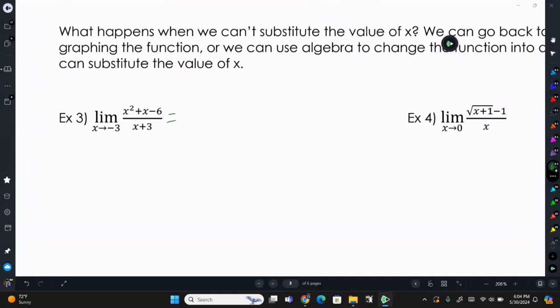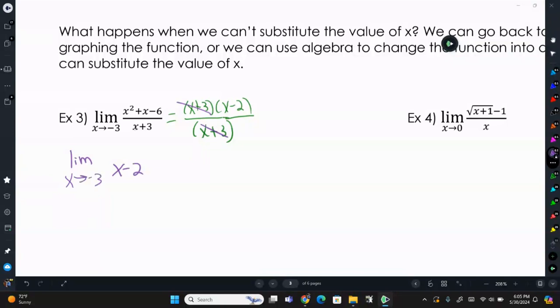So what I mean by that is this one right here. We can rewrite this in factored form on the numerator. x squared plus x minus 6 factors to x plus 3 times x minus 2, and that's all over x plus 3. So these two cancel. So this is really equivalent to the limit as x approaches -3 of x minus 2.